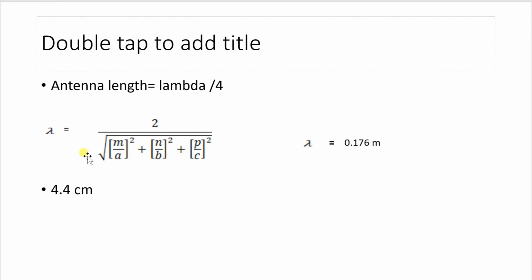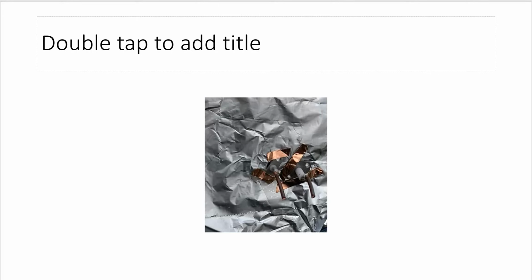So I have implemented my antennas at the middle of my cavity resonator, which is shown here. They are 4.4 centimeters. I have soldered them onto SMA connectors.